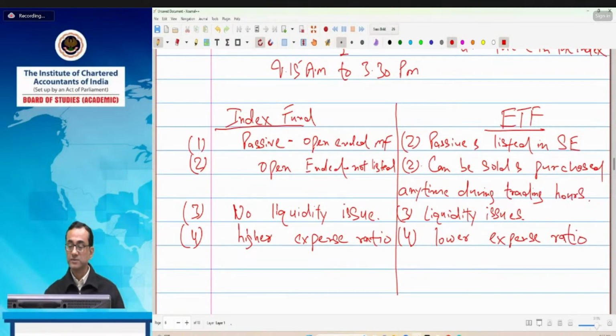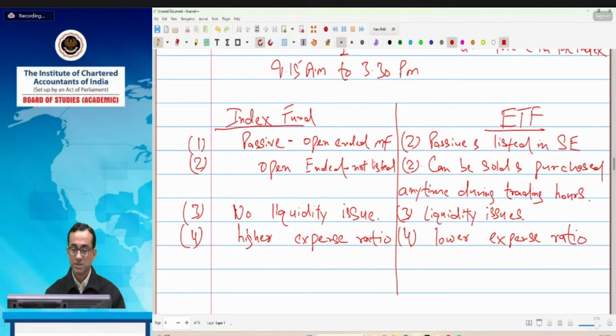So in ETF, the expense ratio is lower because mutual fund managers do not have to do anything much. They have to simply invest in those securities that are in the Nifty, and trading is already going on. So frequent participation of the mutual funds is not required.